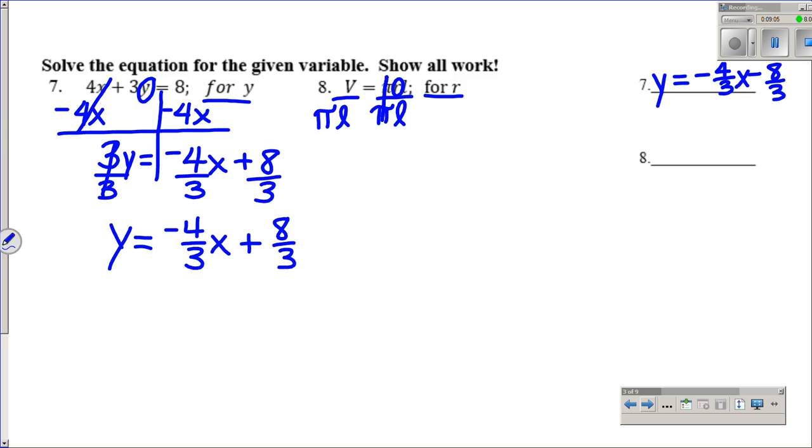We can cancel out pi because pi divided by pi is 1. L divided by L is 1. So we now have r by itself. So r equals v divided by pi times L. So our final equation is r equals v divided by pi L.